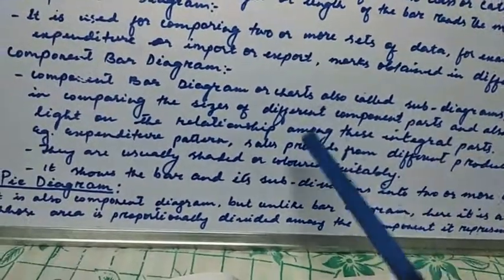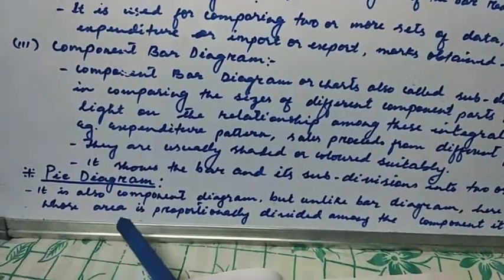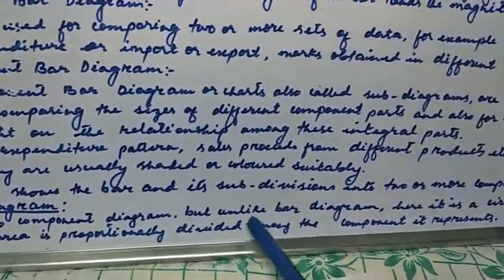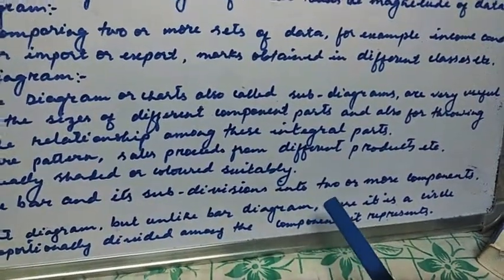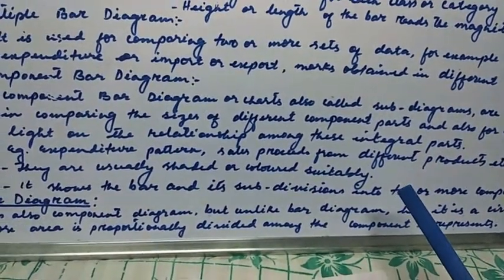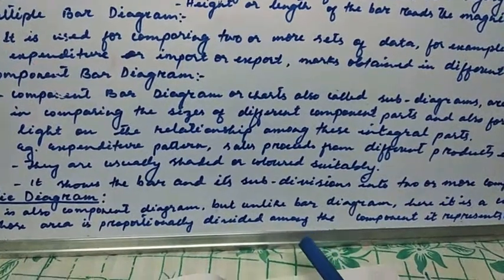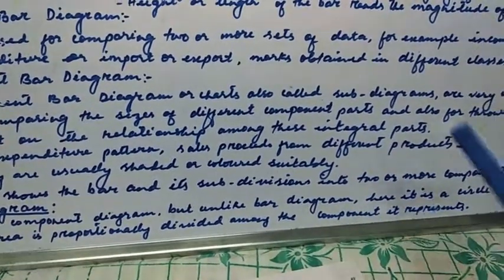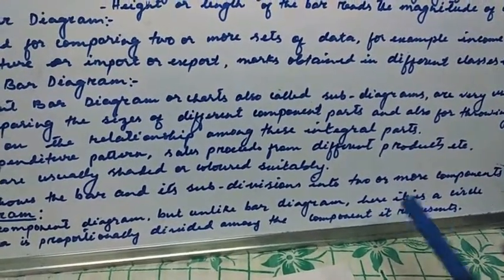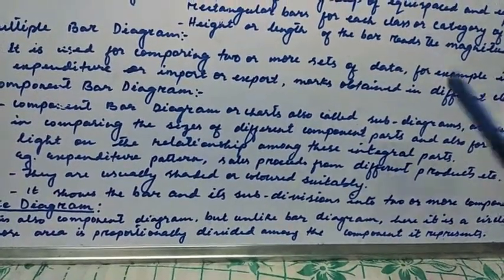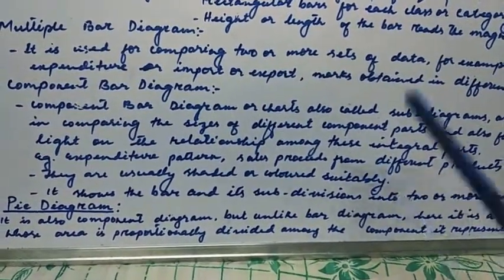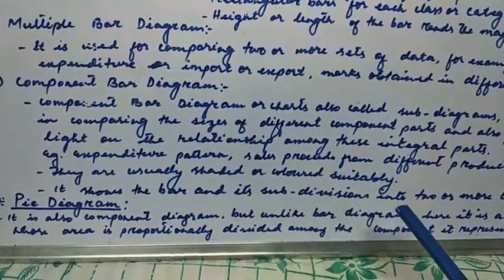We are representing it in a circular manner whose area is proportionally divided among the components it represents. So the area of the circle is proportionally divided according to the data that is given. So here it is circular, unlike the bar diagram.